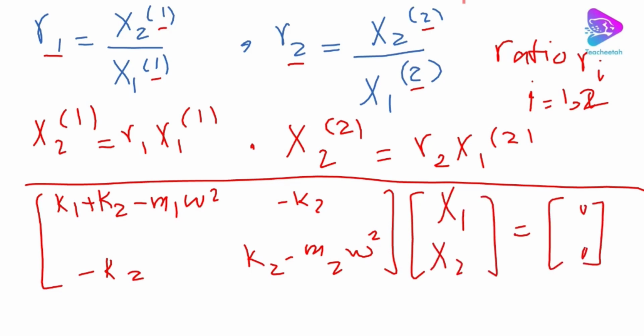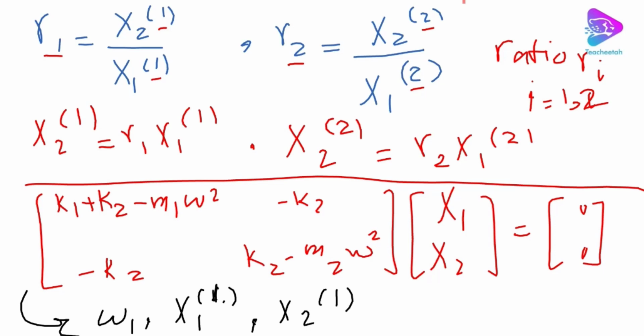So what I'm going to do now is to use this matrix, or expand this matrix, for each mode shape. So what I'm going to do here is use omega 1 with x11 and x21 here, and then repeat it for the second mode shape, which is omega 2 with x12 and x22.